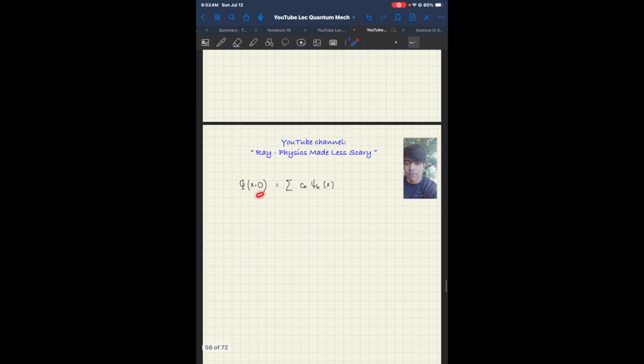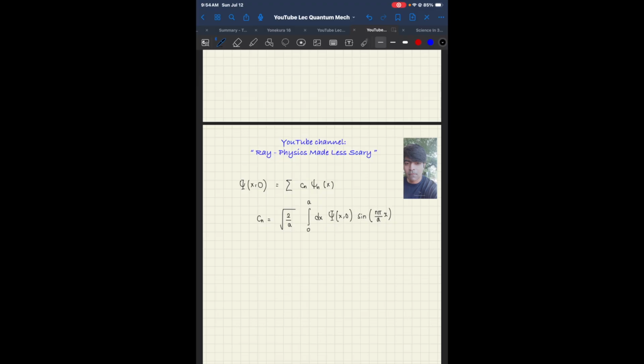And if you followed the previous calculation, using the orthogonality of the sine functions, can you guess what this Cn would be? This simply would be the integral dx of capital psi(x, 0) times sine of n pi x by a, right?